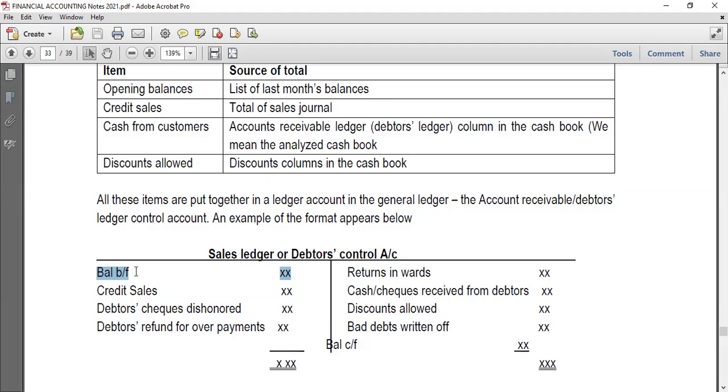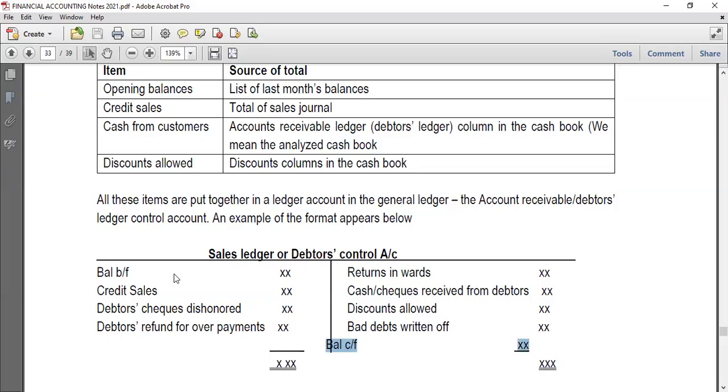So the balance brought down is on the debit side, while the balance carried down is on the credit side, okay? We know very well that as a balance carried forward on the credit side, it is actually a balance brought down in the next period, okay? So that shouldn't confuse.